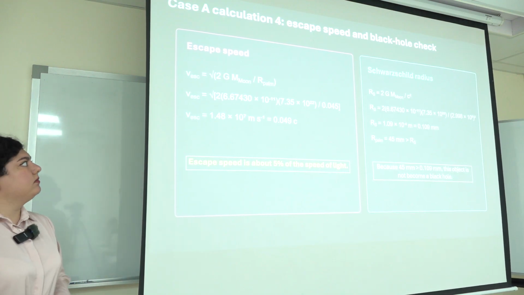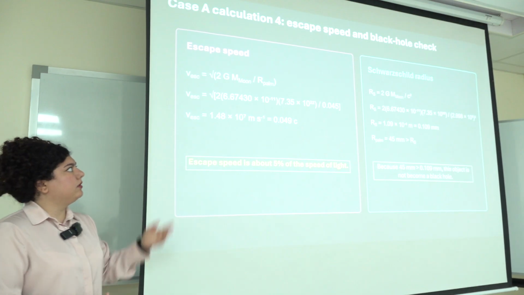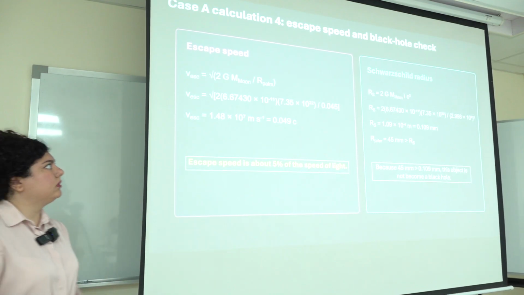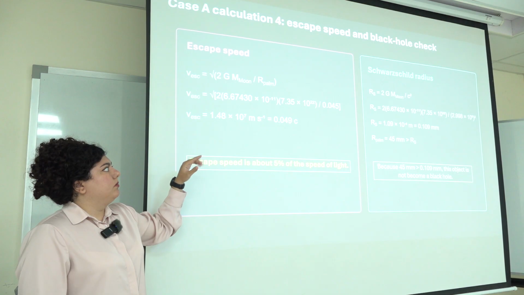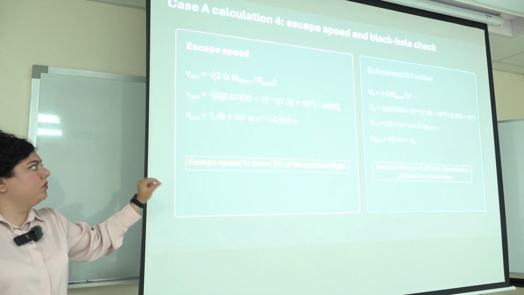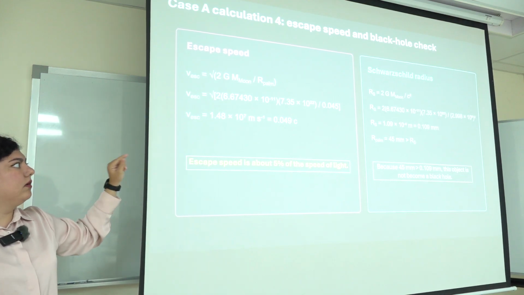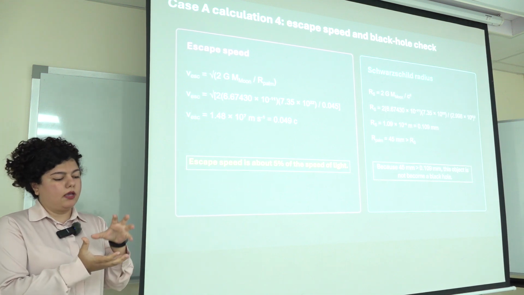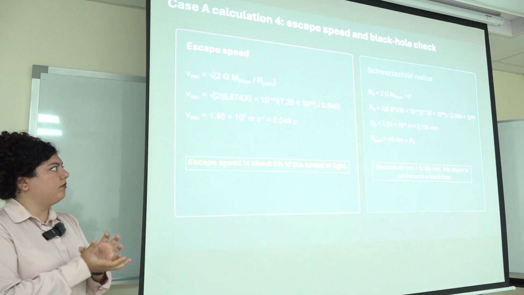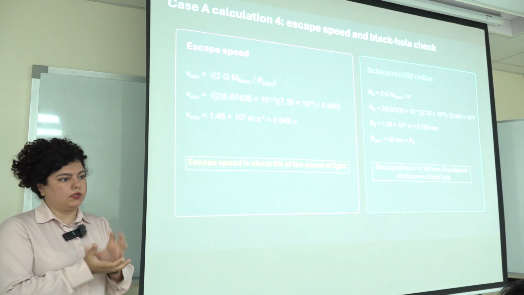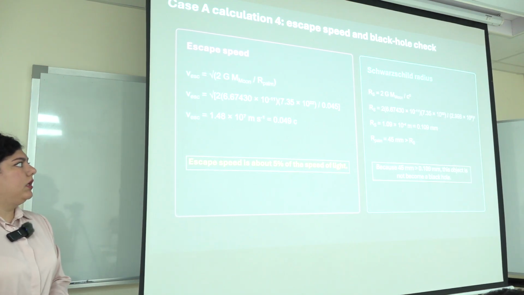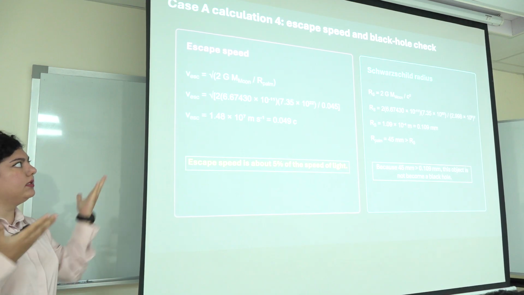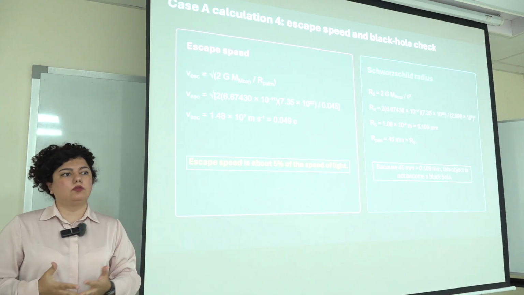And for the black hole case, I calculated the Schwarzschild radius for the parameters of the moon. It's around 0.1 millimeter, but we assume that the moon in his hand has a radius of 45 millimeters. So we can say that this moon is not going to be a black hole.